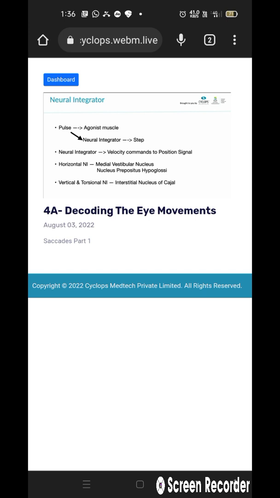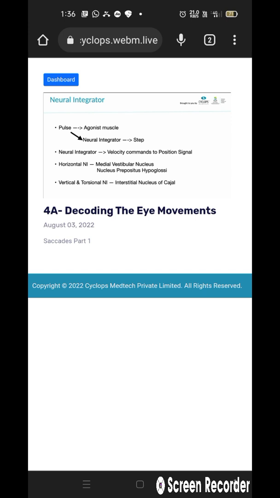This neural network is called the velocity to position neural integrator, or simply the neural integrator.